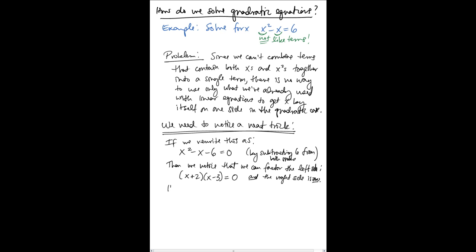How does that help us? Well, we notice that two things can only multiply to get 0 if one of them is 0.